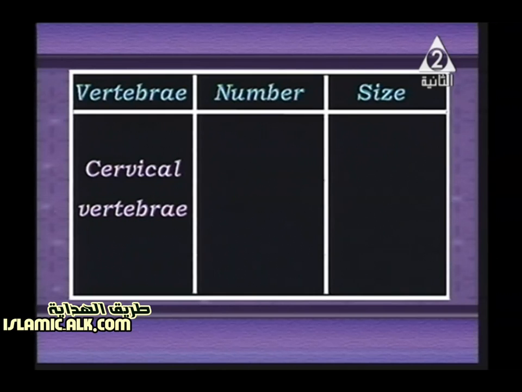Cervical: they are 7, and they are moderate in size. They are not very big or very small, but medium in size. They are called cervical vertebrae. By the way, we arrange the types of vertebrae from up to down, from superior to inferior in your body, I mean from the skull to the end of the vertebral column.